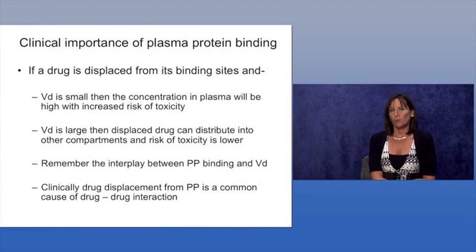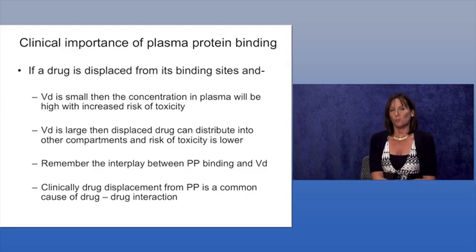How does plasma protein binding alter the pharmacokinetic principle of distribution? So let's, for example, go back to drug A, drug B that I talked about previously. If drug B is displaced from its binding site by drug A, and the volume of distribution is small, then the concentration in plasma will be higher, with the potential, of course, of increased toxicity.